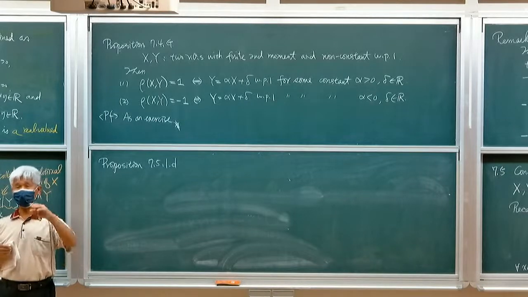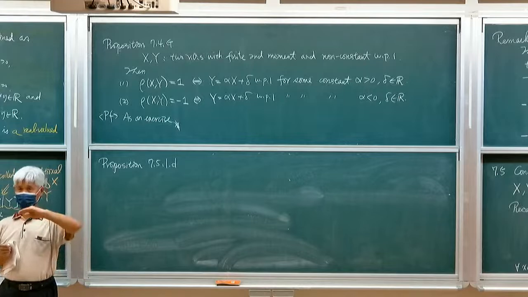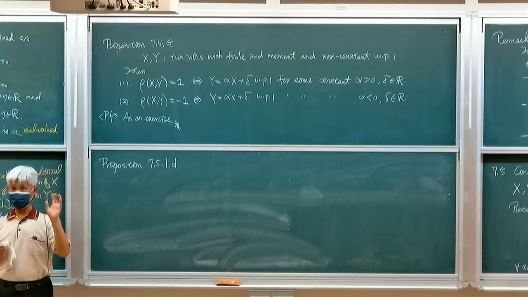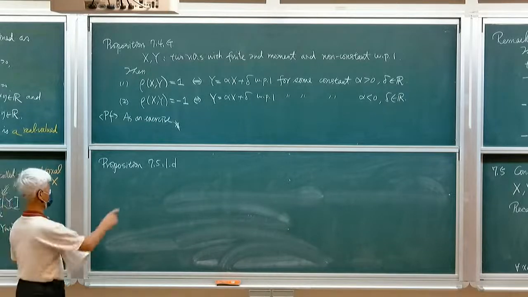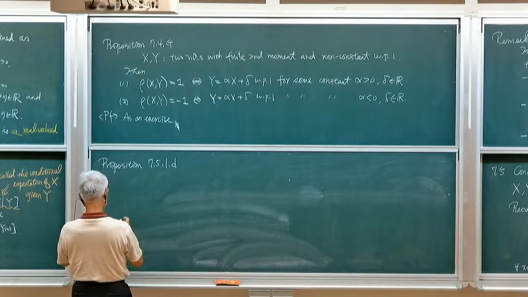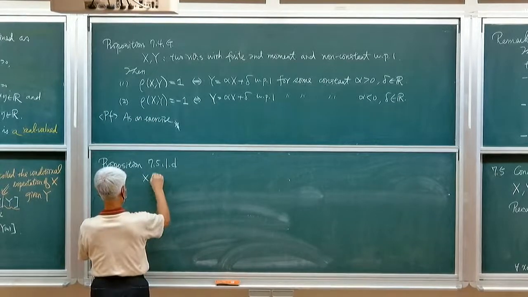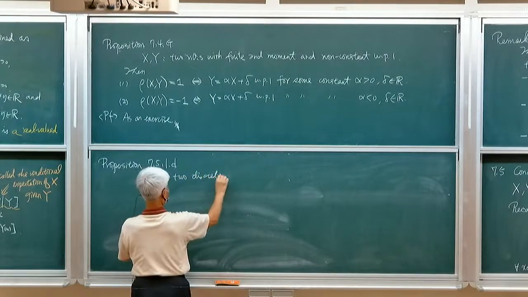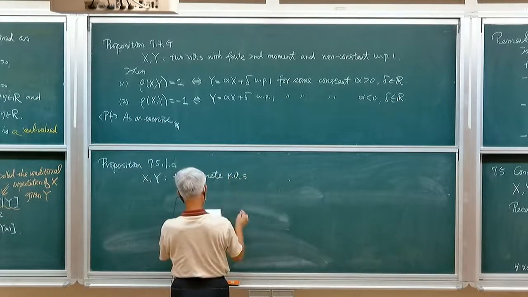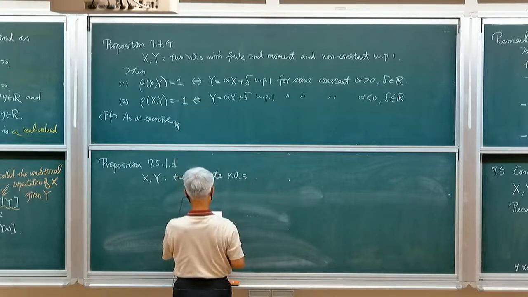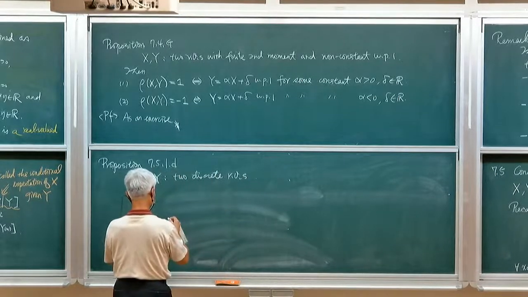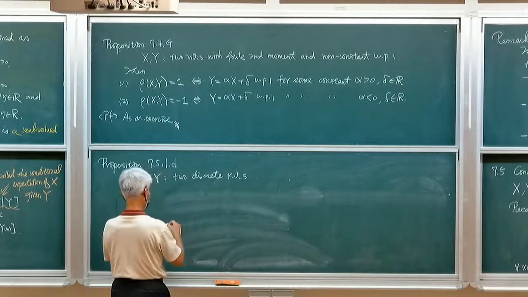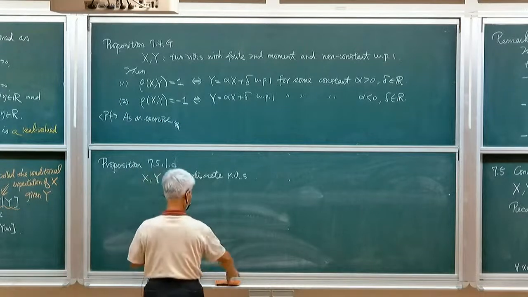But I will give you 4 different cases, related to the 4 different definitions of conditional probabilities in chapter 6. So this is the first part, the discrete part. Now let X, Y be 2 discrete random variables.